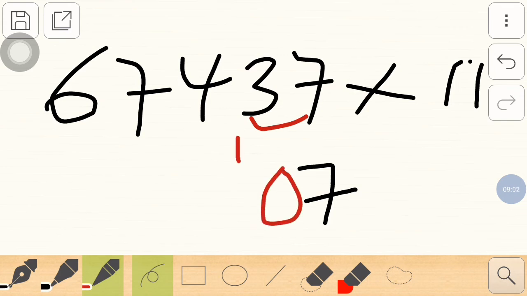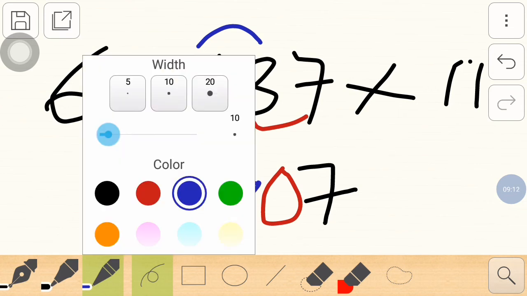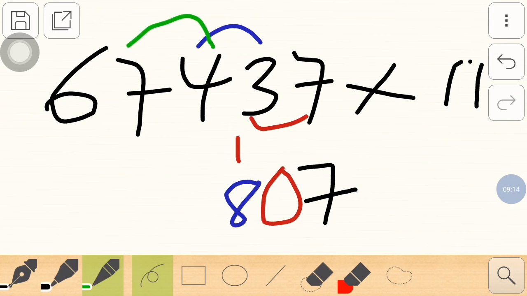The next one is also involving a 3 and 4. 3 plus 4 giving us 7, but because of the carryover it becomes 8. Now we pair the next two, that is the 4 and 7. 4 plus 7 giving us 11. So 1 carry 1. And the next pair is between 6 and 7. 6 plus 7 giving us 13. 13 plus 1 is 14.